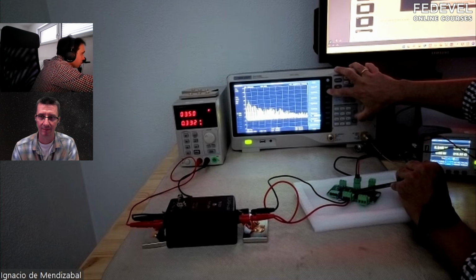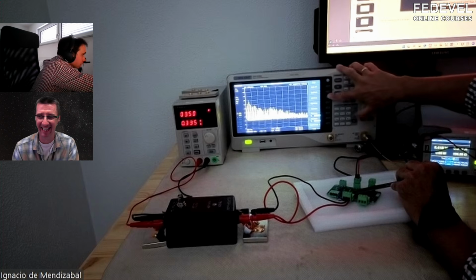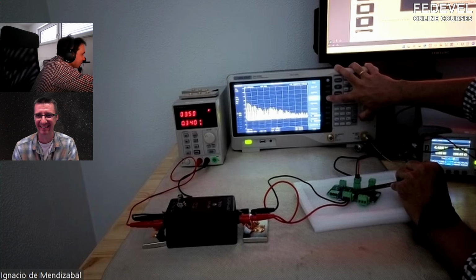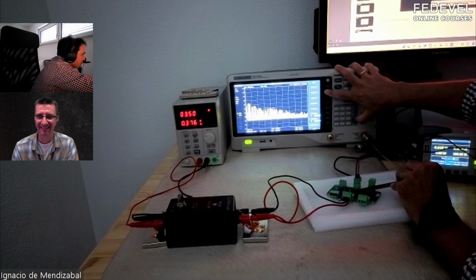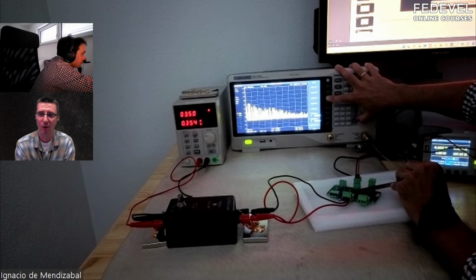Here we have one peak at 10 mega. Again, you are holding the probe above the inductor? Yes, exactly the same.